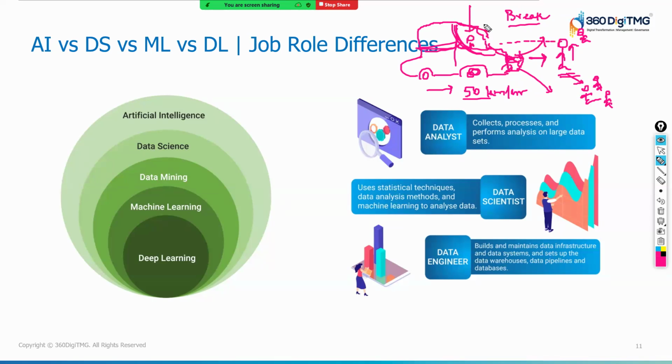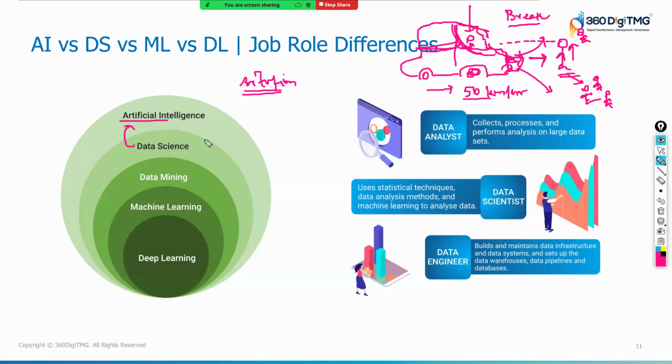As a human being, what should I do? So situation-based decision making is what intelligence means. And AI is an end solution which allows a machine to take these situation-based decisions under certain guidance, under certain rules. That's nothing but your AI.